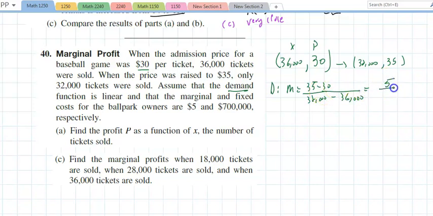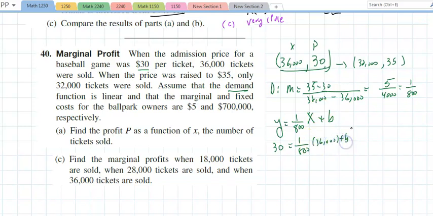5 over, what is that, 32 to 36,000. Divide by 5, divide by 5, 1 over 800. And if I take this and say y equal 1 over 800 x plus b, 30 equal 1 over 800 times 36,000 plus b.